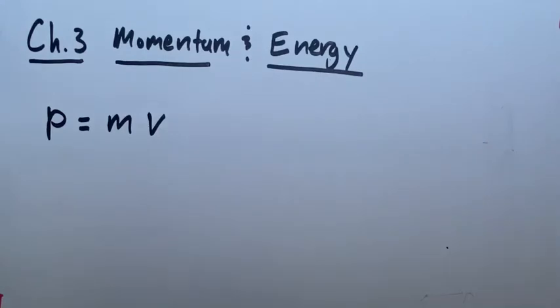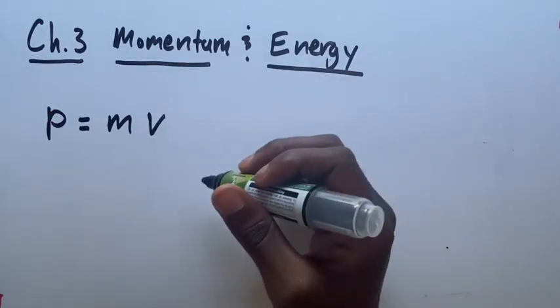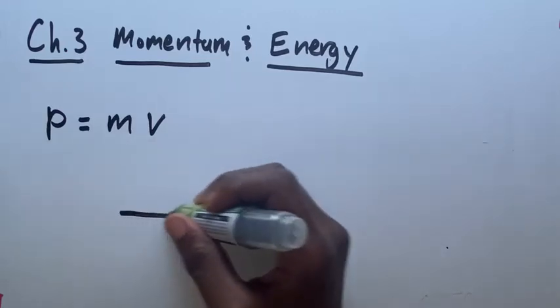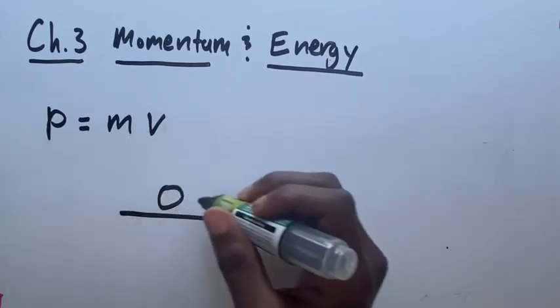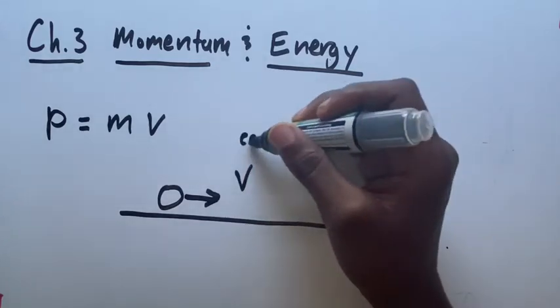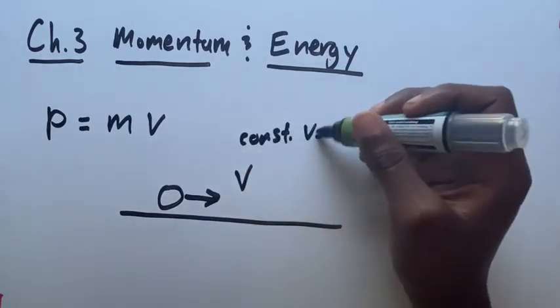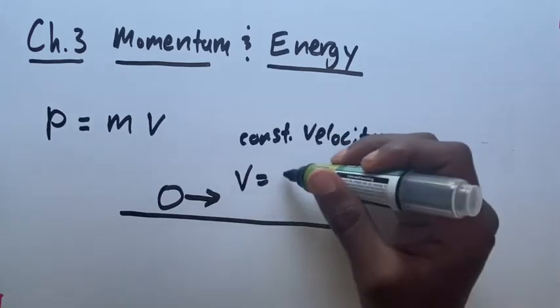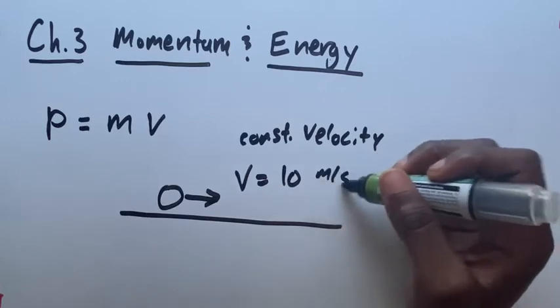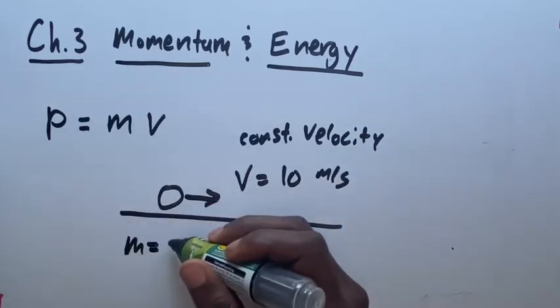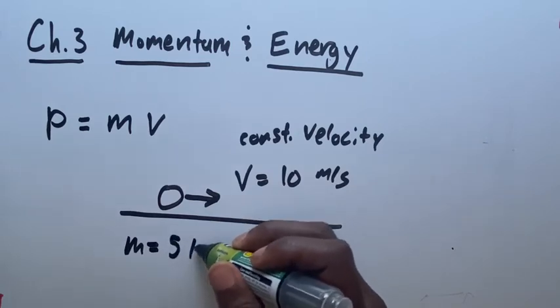Let's say we have a ball here, and this ball is rolling in this direction with some constant velocity. It has a constant velocity of, let's say, 10 meters per second. And let's say the mass of this ball is 5 kilograms.